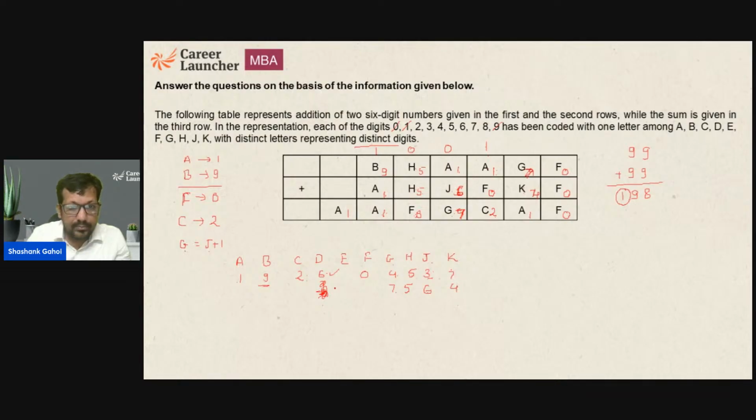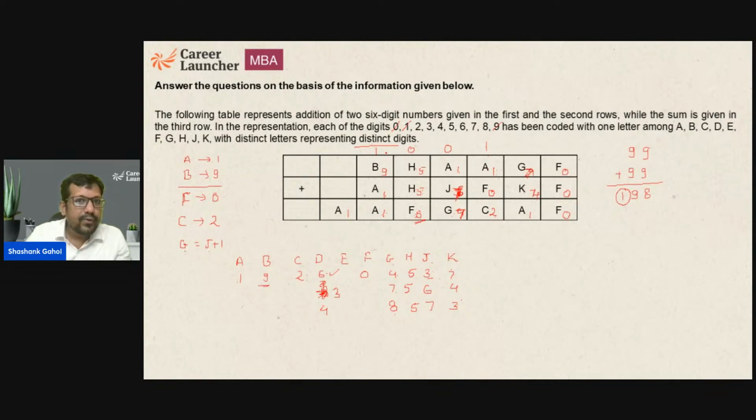Okay, so D can take a value of what? 3. Okay, and it is 7. If it is 7, it is 8. Then it can be 3. So which of the following values? It is going to be 4. Okay, so 5 plus 5 is 10.